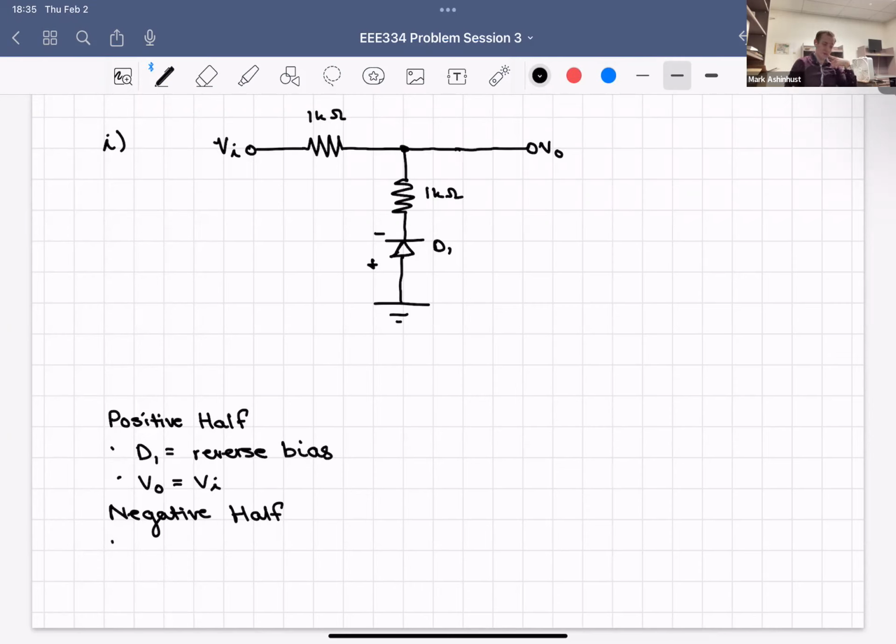On the negative half cycle, that's going to flip though. This is going to change because D1 is going to be forward biased. Because D1's forward biased, we have something new for our V out. Our V out is going to be a voltage divider.